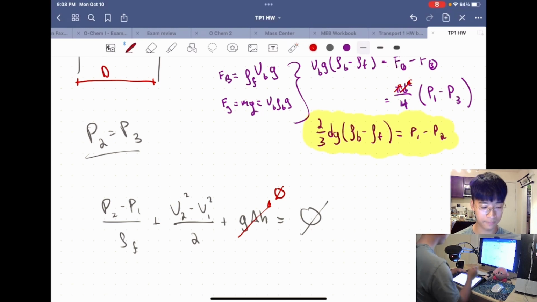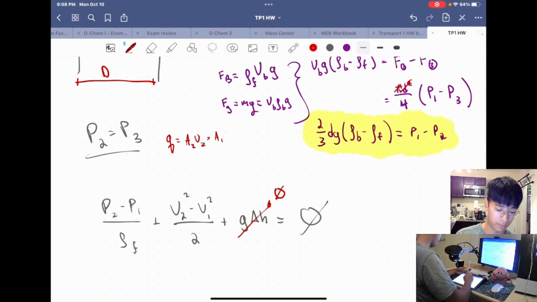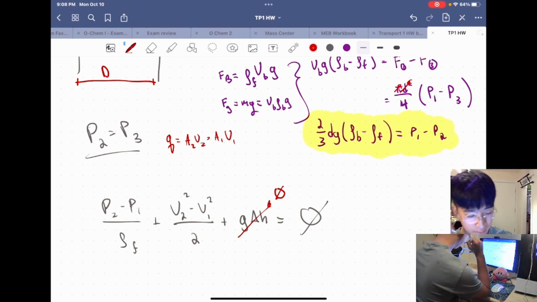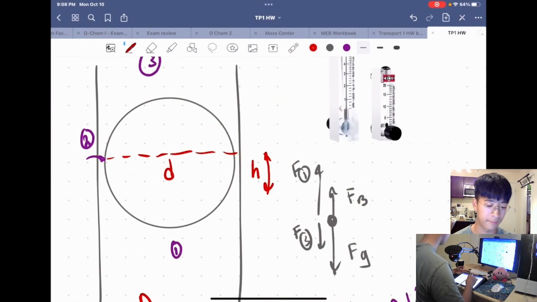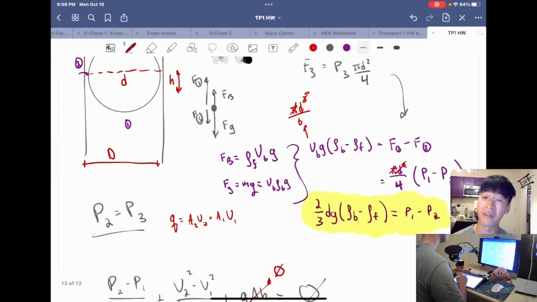We have V1 and V2, and let's relate V1 and V2 by the continuity expression, where we say that the volumetric flow rate is equal to A2 V2 equals A1 V1. And let's replace V1 here, because we want to take a look at position 2, that very small gap.